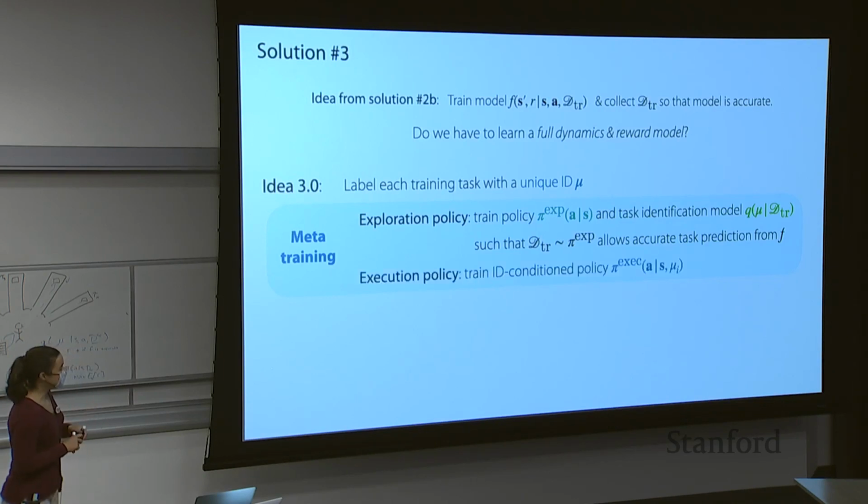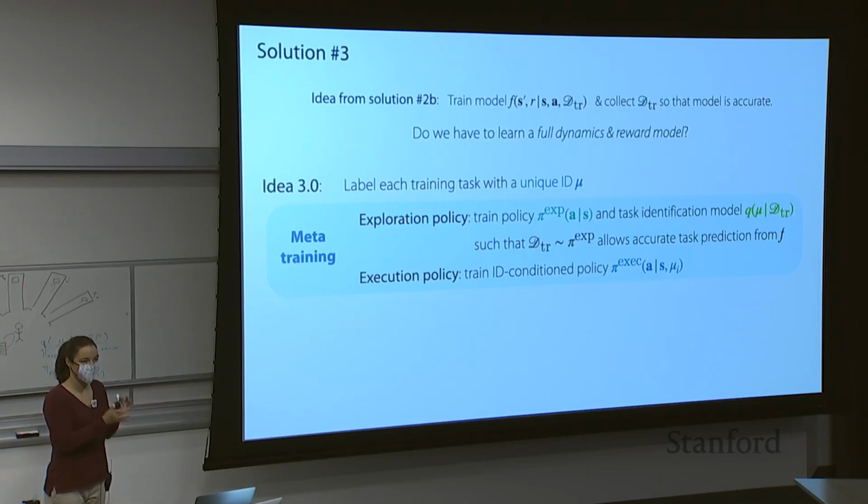And then we'll separately train an execution policy that is just conditioned on the task identifier. This last part should be really easy because this just amounts to solving the task independent of figuring out how to explore for those tasks. So this is completely decoupled.